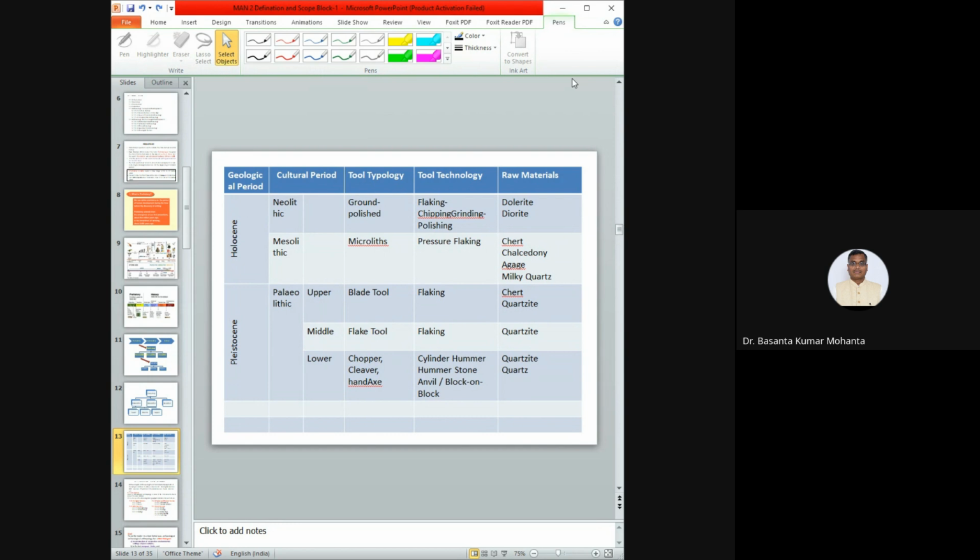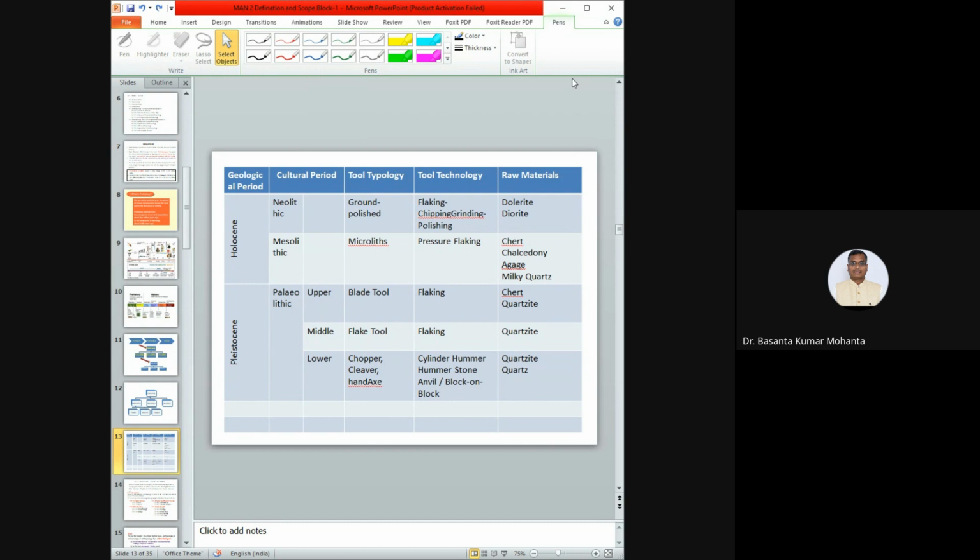And this particular term, processual archaeology, was first coined by V. Gordon Childe in his book Piecing Together the Past. Later, the term was also used by Graham Clark and others.